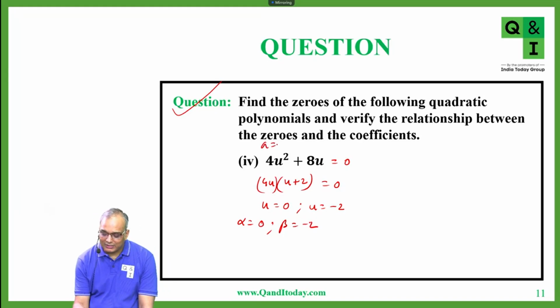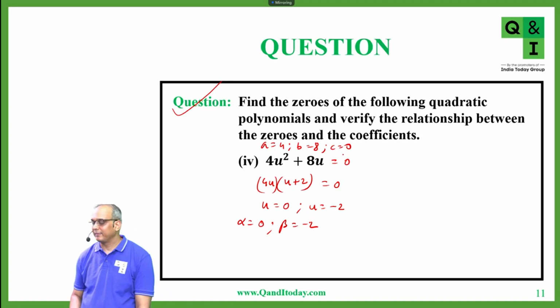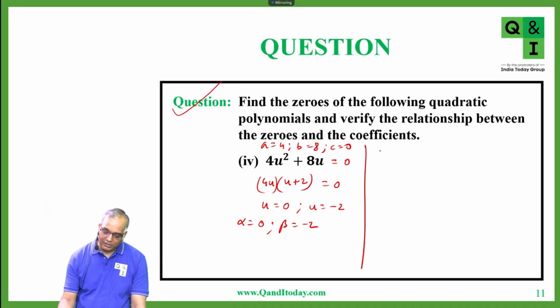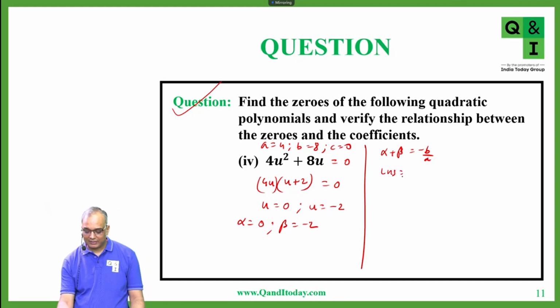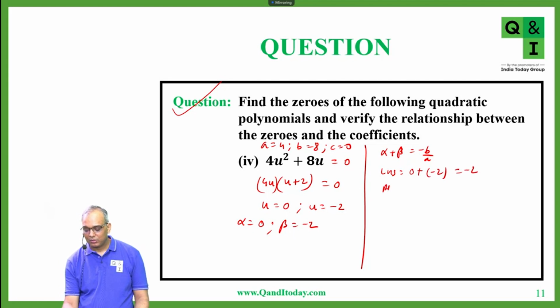And here you can say that a is 4, coefficient of u is 8, and your constant term is 0 because there is no constant term. Now the first relation, alpha plus beta equal to minus b by a. Your LHS is equal to alpha plus beta, 0 plus of minus 2, that is minus 2.